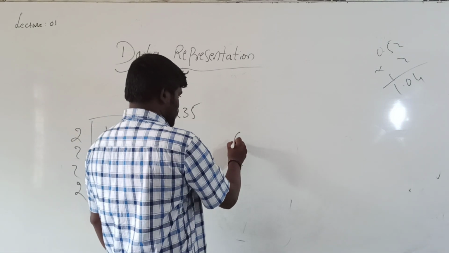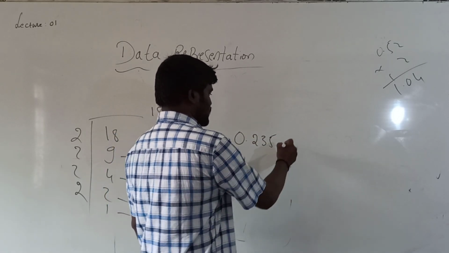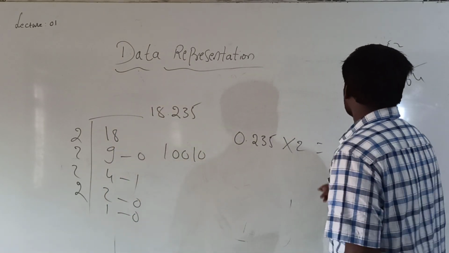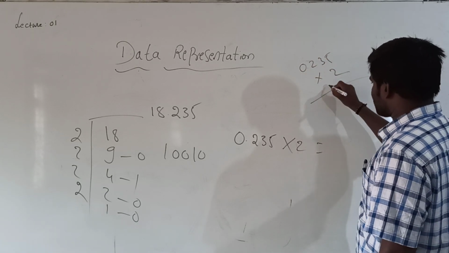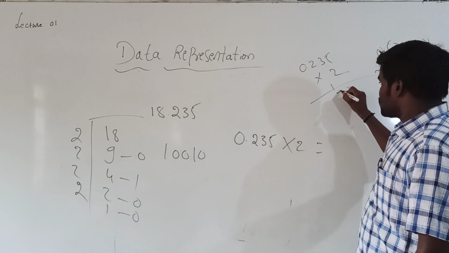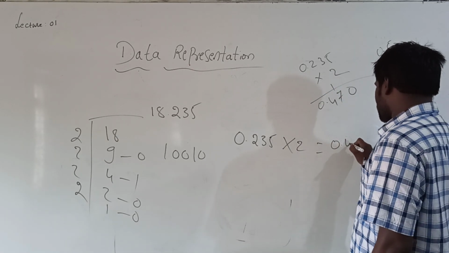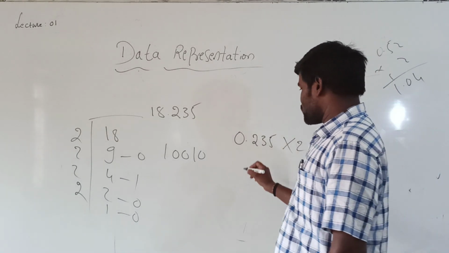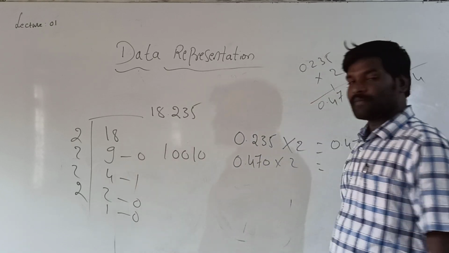Next you have to convert 0.235 to binary by multiplying by 2. So just solve 0.235 into 2: 2 5s are 10, 2 3s are 6, 7, 2 2s are 4, 0. That is 0.470. Next consider 0.470 into 2.